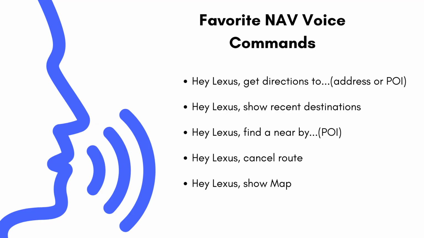Top navigation voice commands to be aware of: Hey Lexus, get directions to, and then you can give the address or a point of interest name, or ask Lexus to show recent destinations to see that list, find a nearby point of interest, cancel the route, or even just ask Lexus to show your map screen if that's what you'd prefer to see.